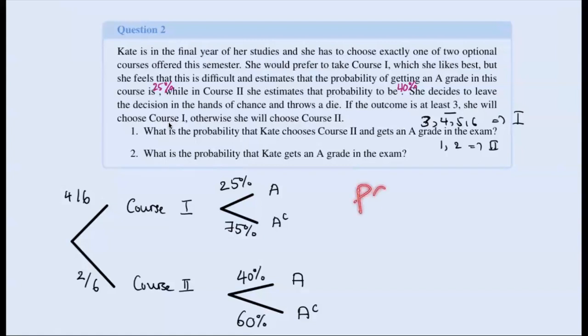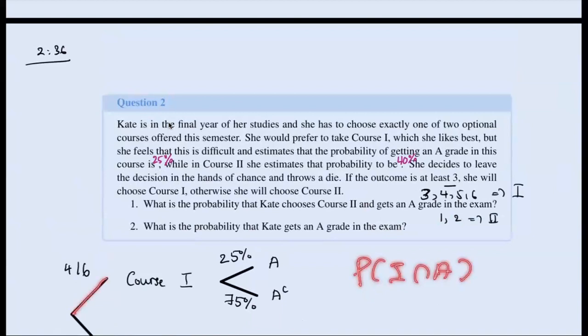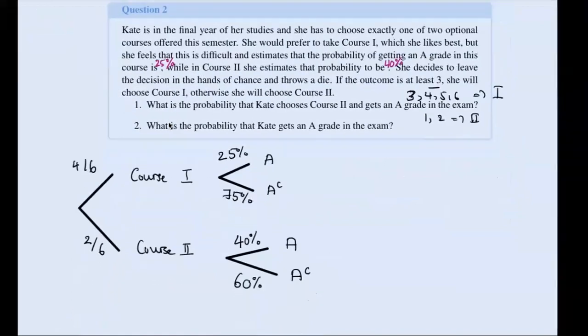And the probability of the intersection would be calculated by taking the probability that she takes course 1, multiplied by the probability that she got an A grade, given that she took course 1. So that is for the intersection.